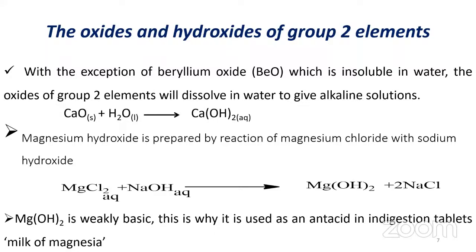So when they say go and buy Mag or milk of magnesia, that is your magnesium hydroxide. And it is used as a drug because it is weakly basic. You cannot use your calcium hydroxide because it is more basic than your magnesium hydroxide. So because of the weakly basic character of your magnesium hydroxide, and based on how it is prepared, that is why it is used as an antacid.